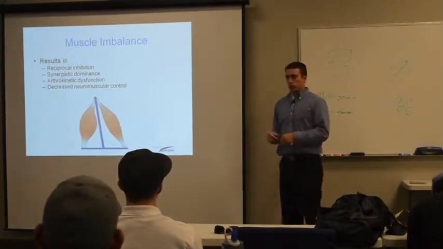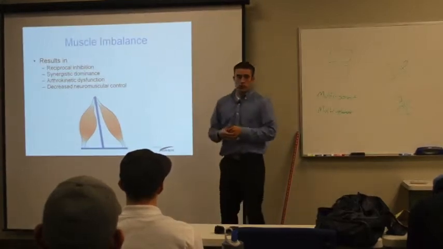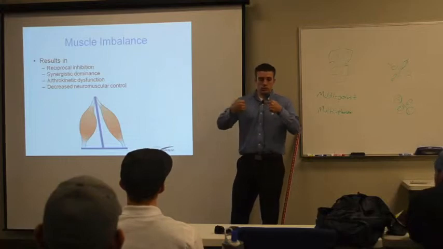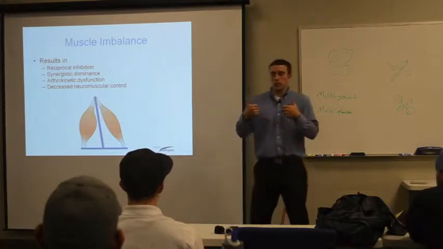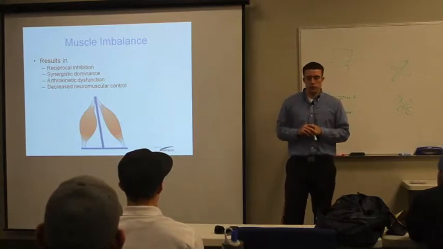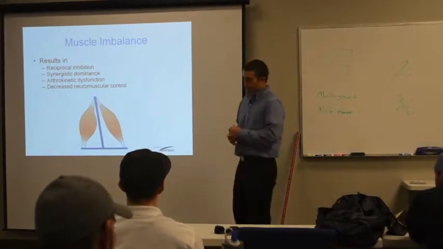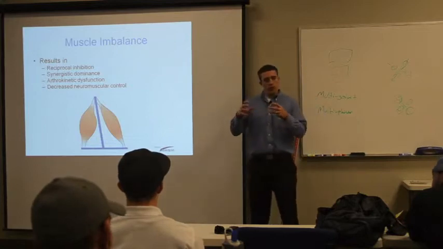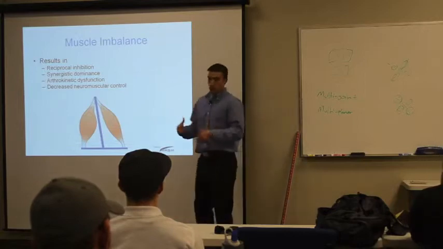Tight, weak, synergistic dominance is going to cause abnormal movement patterns. And it's going to put joints in an altered position. Joints have their optimal position where they work correctly, they do their job, what they were designed to do. But if we change that a little bit with a muscle imbalance, that's going to put them in a vulnerable position.